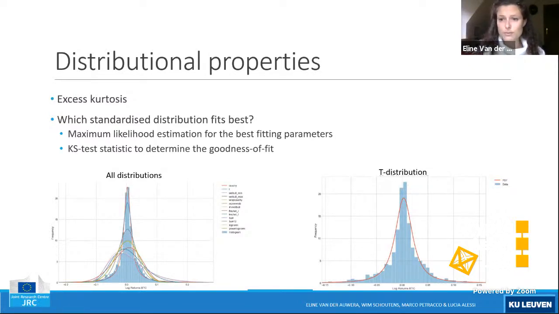This is also confirmed by the Kolmogorov-Smirnov test, which says that these 2 distributions indeed offer a good fit for the log returns of Bitcoin. And then to select one of them, we used the Akaike information criterion or the Bayesian information criterion. The best fitting distribution for the Bitcoin log returns was the T distribution.